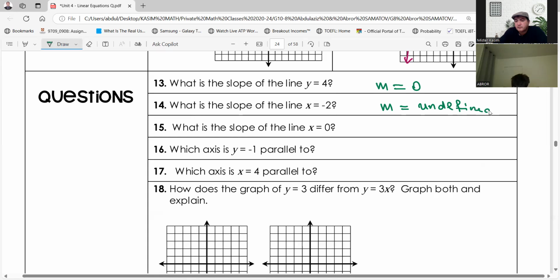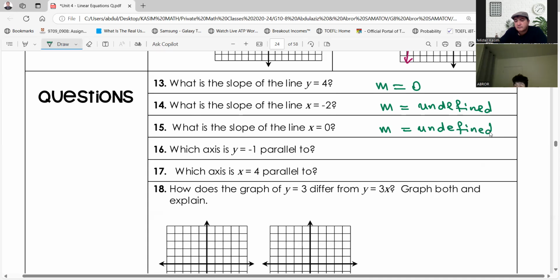Because for a vertical line, the slope is undefined. Okay, next. What is the slope of the line x equals 0? X equals 0 is the y-axis. The y-axis is a vertical line because x equals something is a vertical line. That's why the slope is undefined.